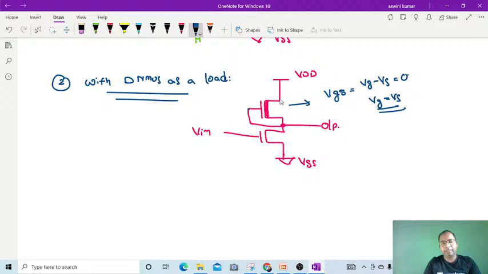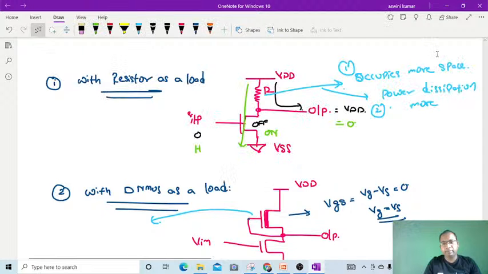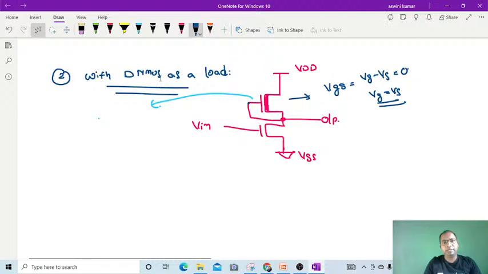Comparing with the previous two drawbacks, here one drawback can be eliminated. What is that? Instead of a resistor we are using the depletion type of MOSFET, so the space occupied will be reduced. Previously the resistor occupied more space, but here we can reduce the space, because we are taking a transistor in the place of the resistor, so it occupies less space.